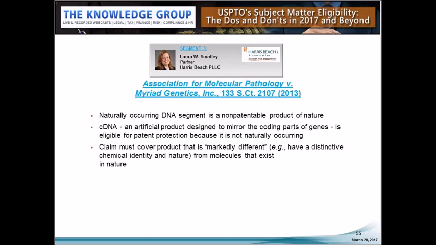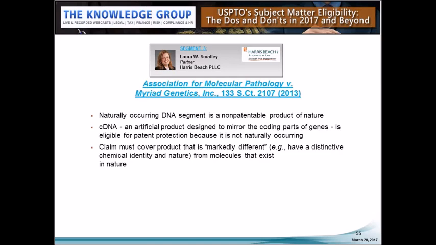Another case in the biotechnology area is the Myriad case decided in 2013. The Myriad case involves not methods, but analyzing products of nature. There, the Supreme Court held that a naturally occurring DNA segment is a non-patentable product of nature because the nucleotides isolated by Myriad existed in nature before Myriad found them.